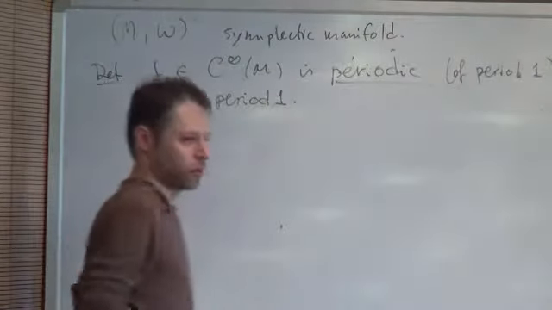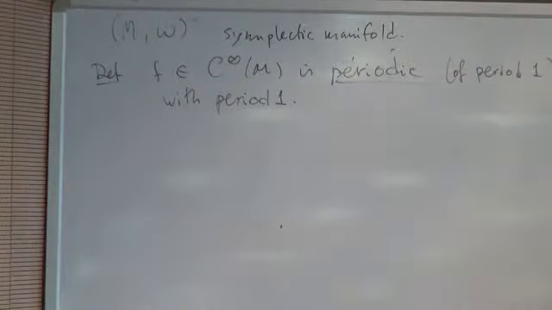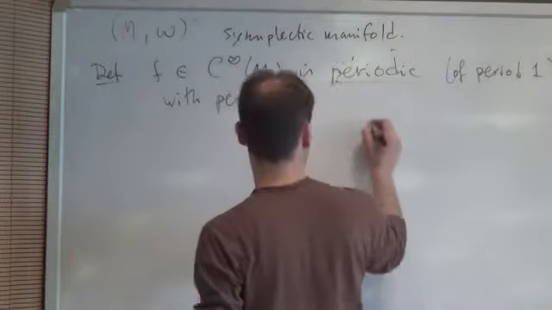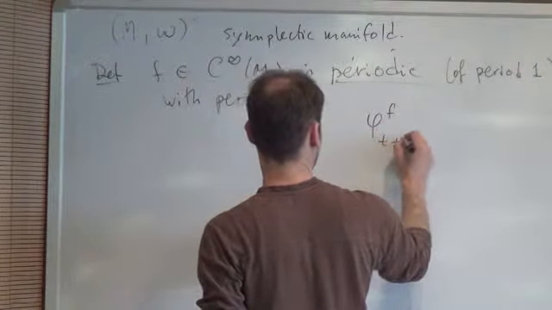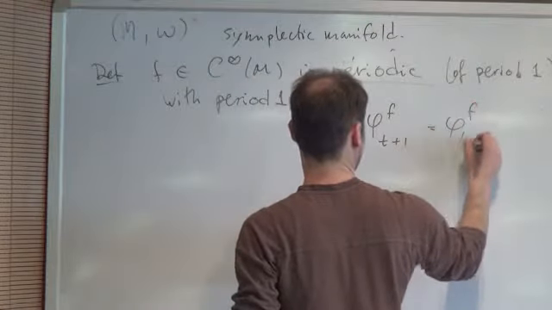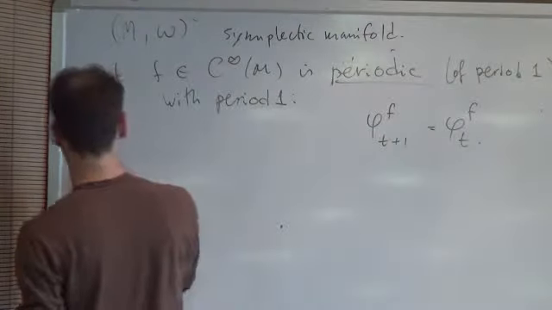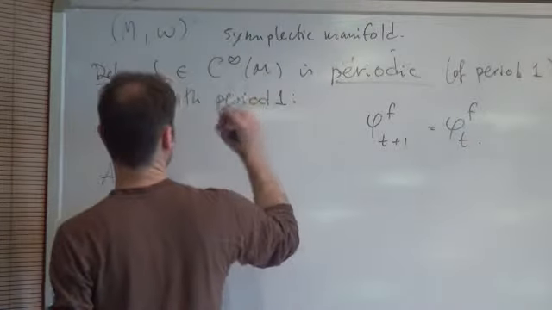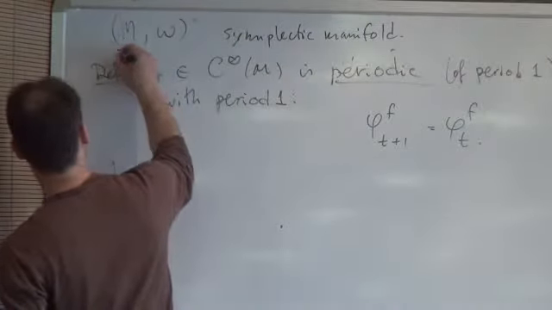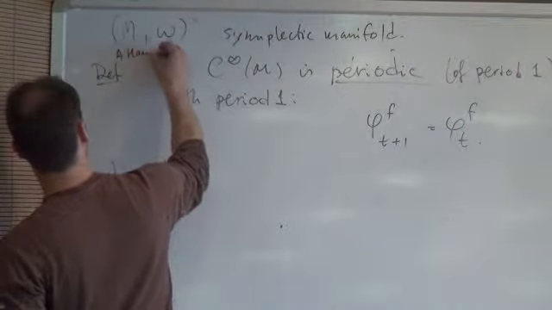Right, this is more or less the standard definition of a periodic Hamiltonian. So I want that phi f of t plus 1 is phi f at the time t. Right, and so periodic. So I should have said a Hamiltonian.